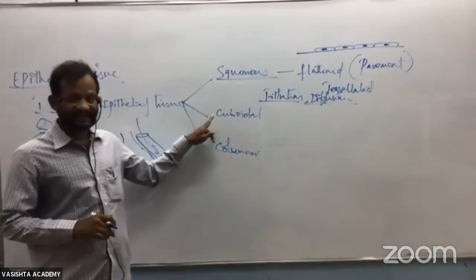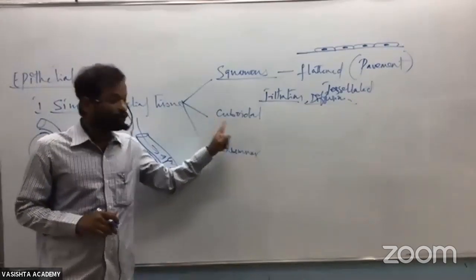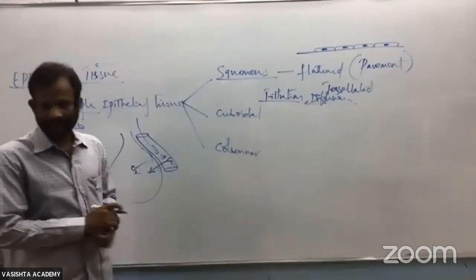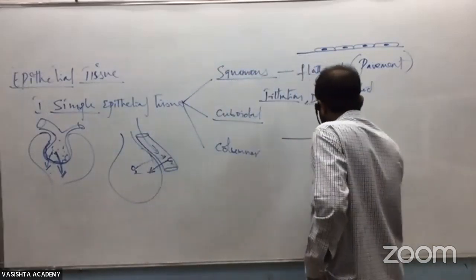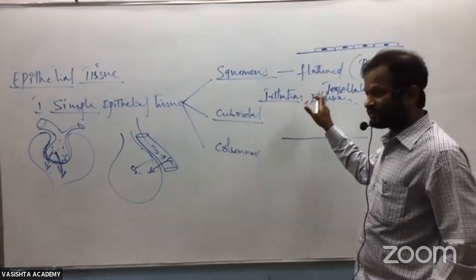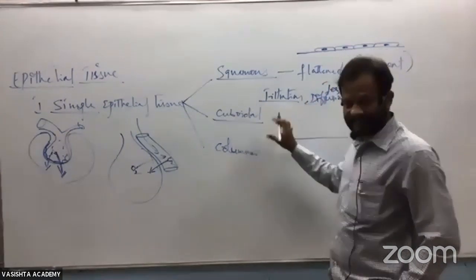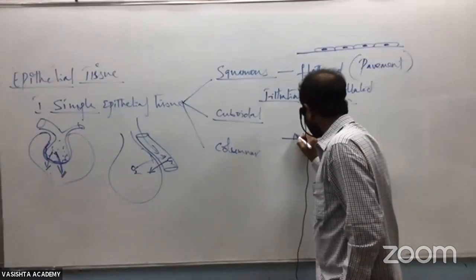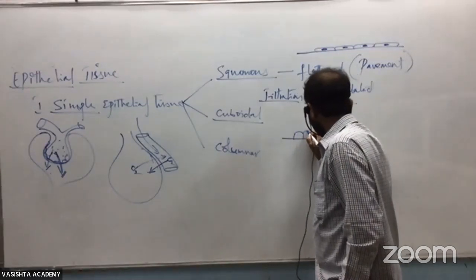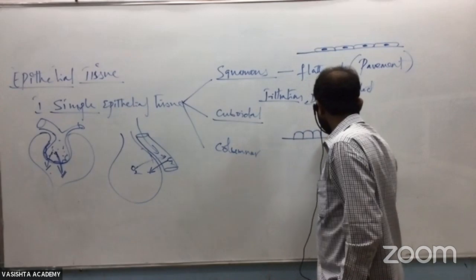Now let us see the second type, simple cuboidal epithelium. This simple cuboidal epithelium is just like the squamous. These cells are present on the basement membrane, but here the structure of each cell will be cube shape, like this.